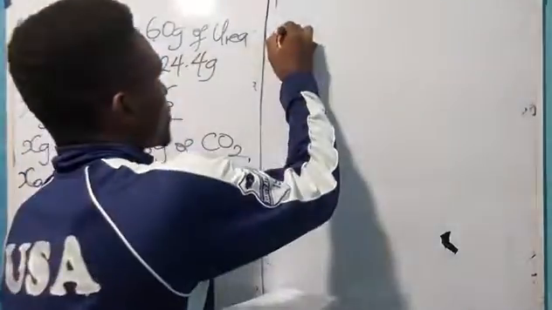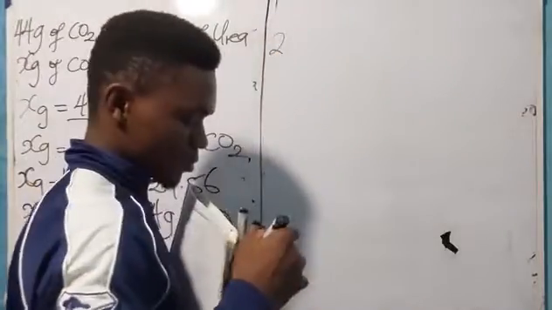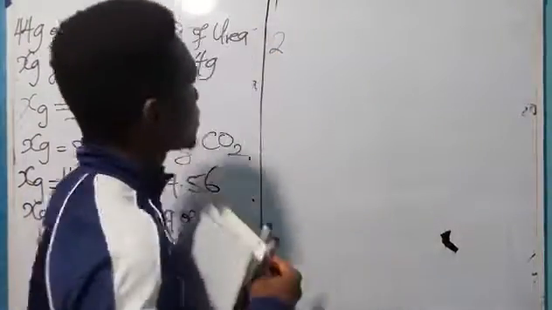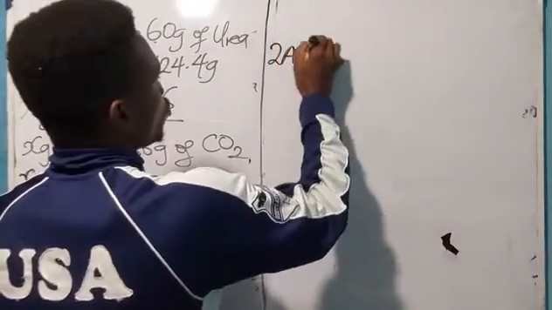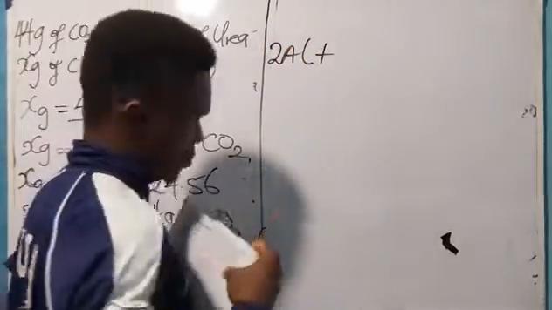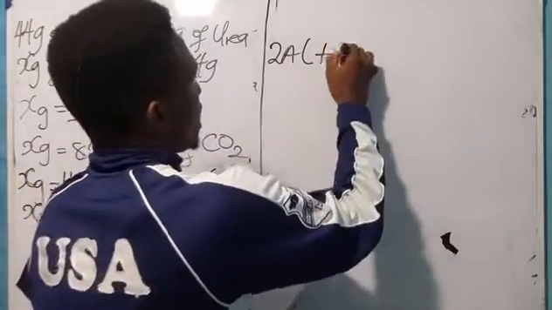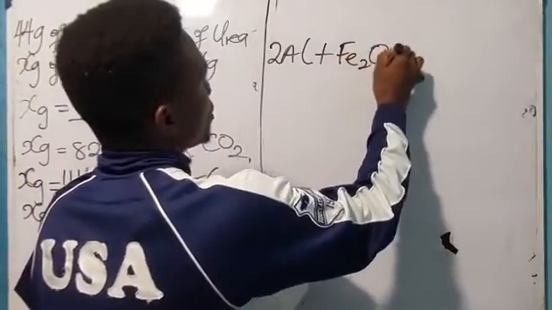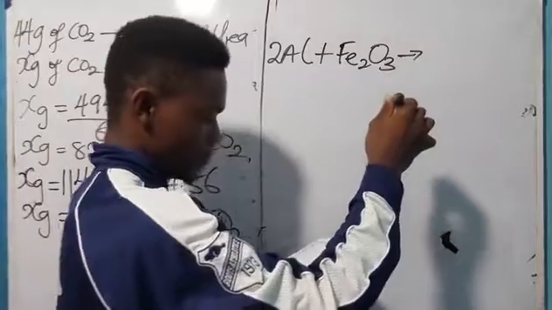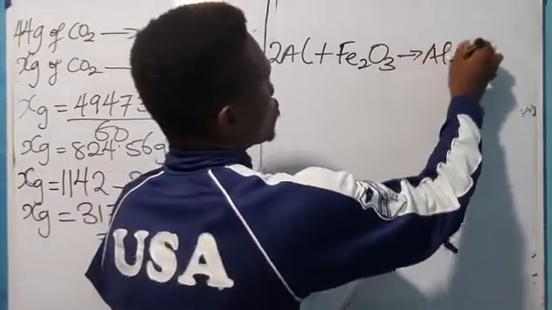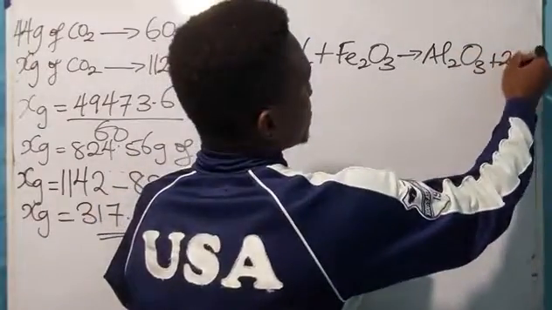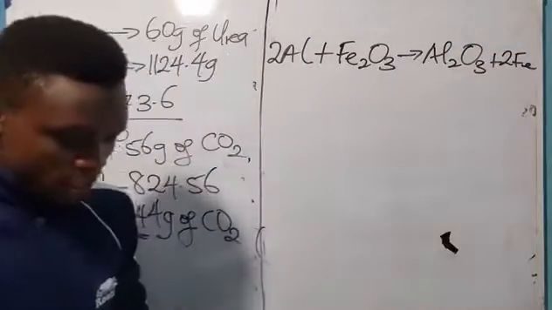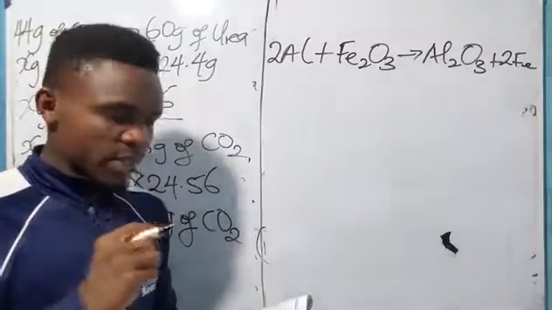The reaction is expressed as 2Al plus Fe2O3 to give Al2O3 plus 2Fe.